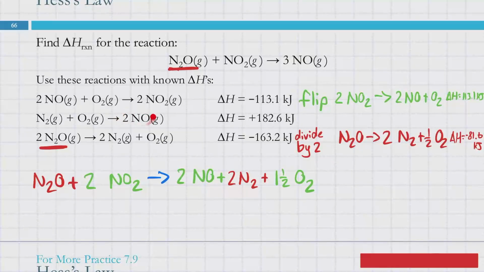It's also got some NO in it, and we need some more NO. Right, we've got 2 NO, we need to get up to 3 NO. If we add it as is, that would give us 4 NO. So that can't be right. If we add it as is, it's also going to be 1 O2 on the left. That's not going to cancel out our 1.5 O2 on the right.